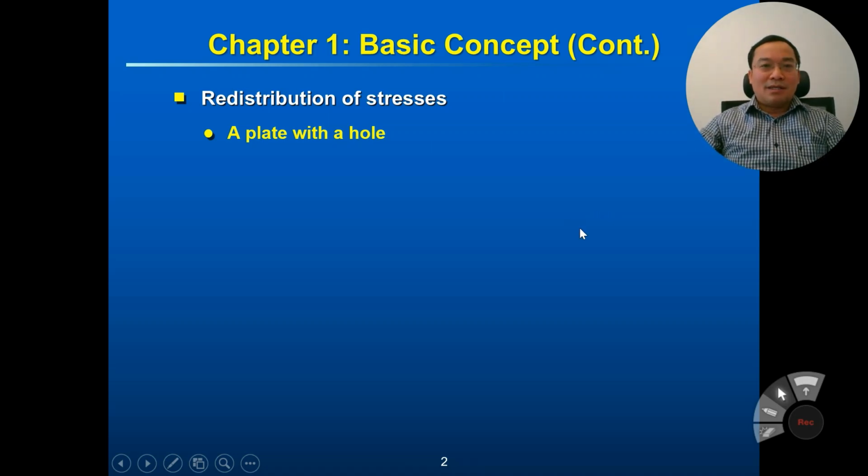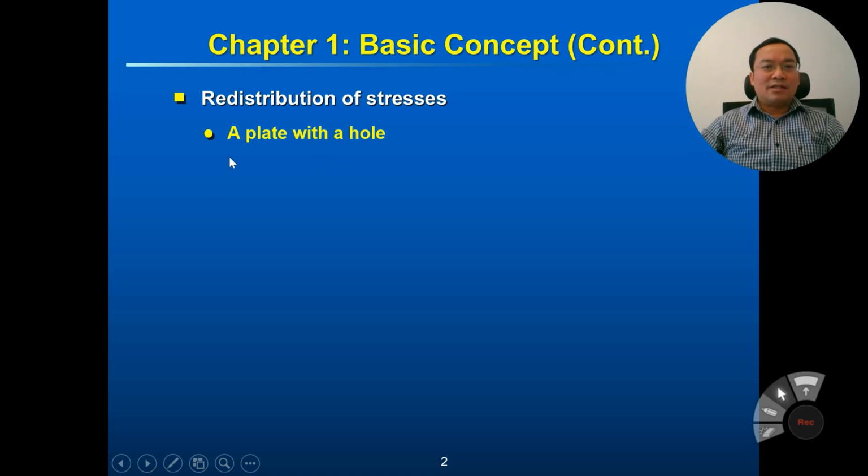In this part, I will talk about several very simple examples on how to apply the idealized curve in plastic analysis and design.